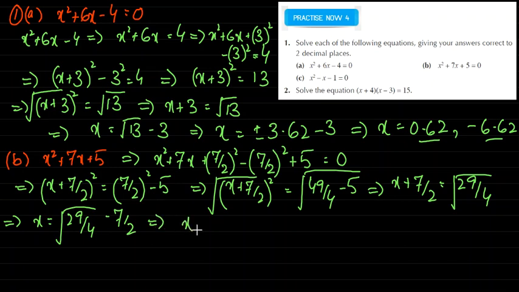Therefore x is equal to plus minus 0.69 minus 7 by 2, which is 3.5. So x is equal to minus 0.81, right?